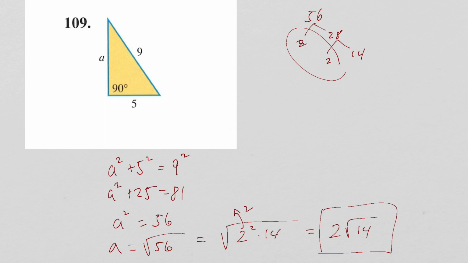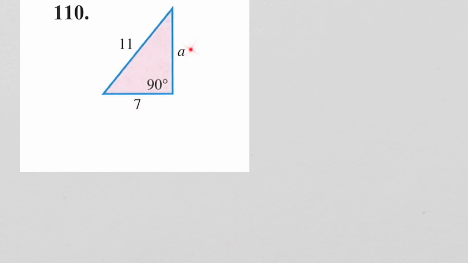That's the answer. Okay, the sum of the squares of the legs, so we have a squared plus 7 squared is the square of the hypotenuse. 11 squared is 121. So a squared is equal to 121 minus 49. So it looks like 72.